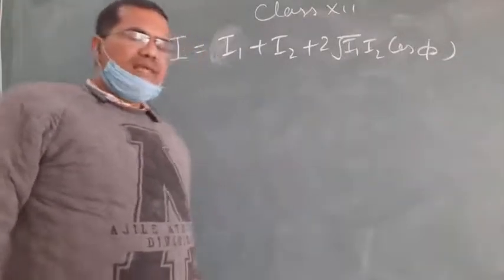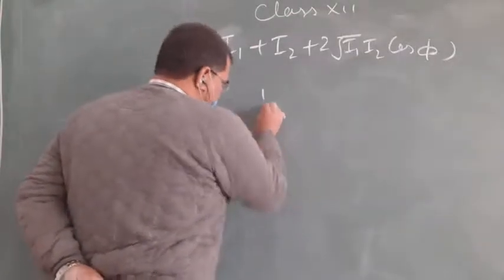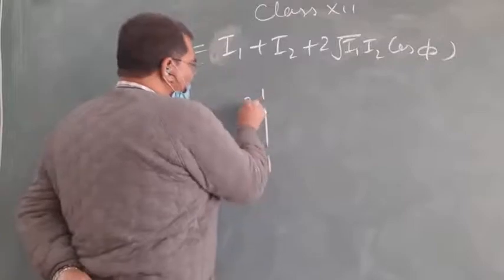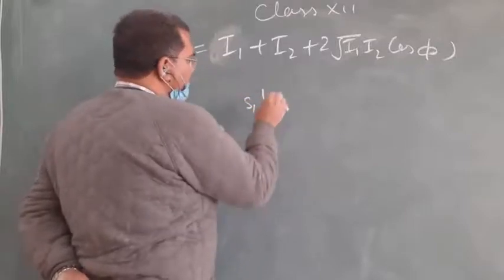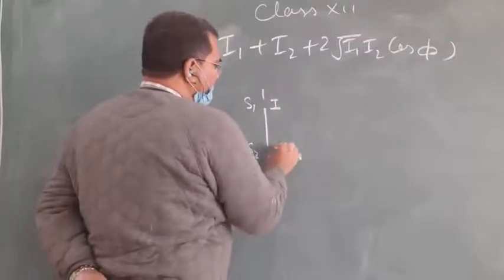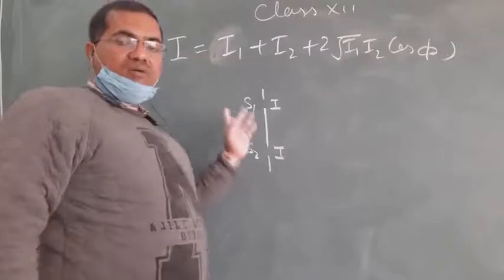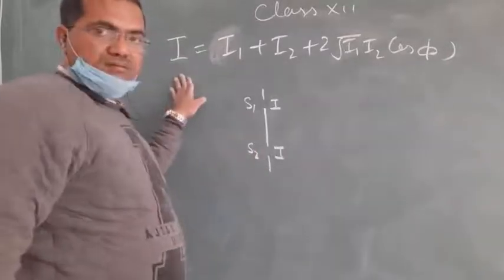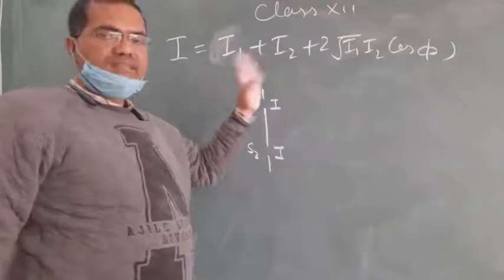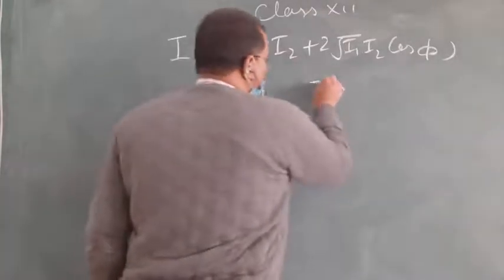Suppose the sources have the same intensity, which means I1 is equal to I as well as I2 is equal to I. Then what will be the formula for intensity? If I1 and I2 are the same, put this value.